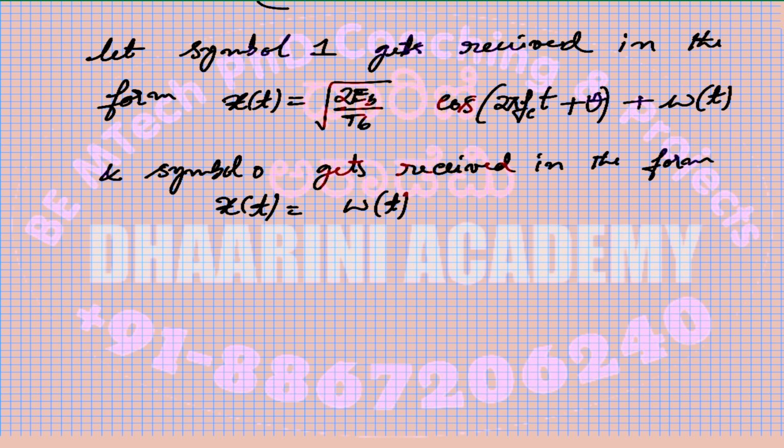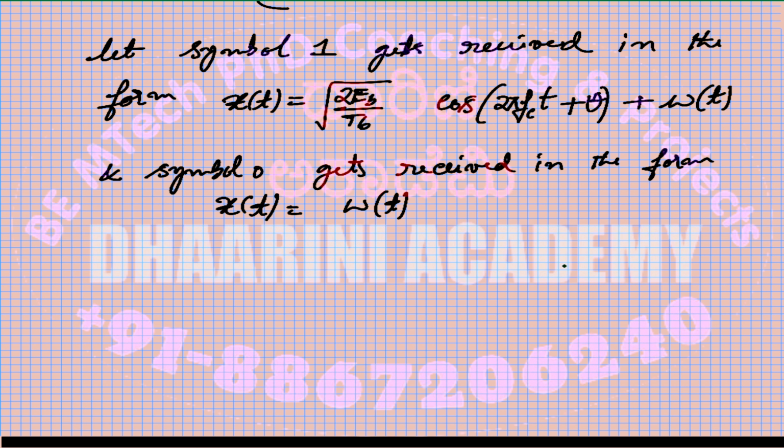Normally the impulse response of the matched filter is very similar to this function, root of 2 by Tb into the cosine function. Let's look at that concept now, then we'll write the block diagram.